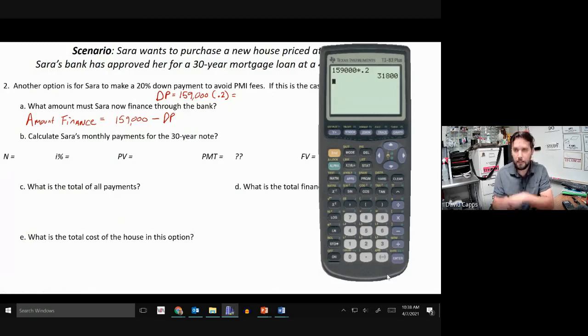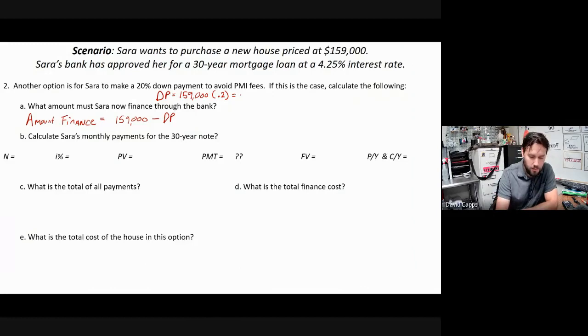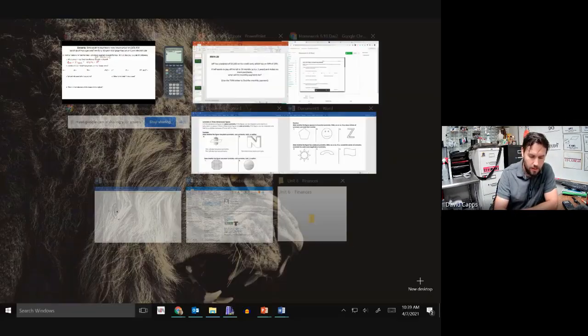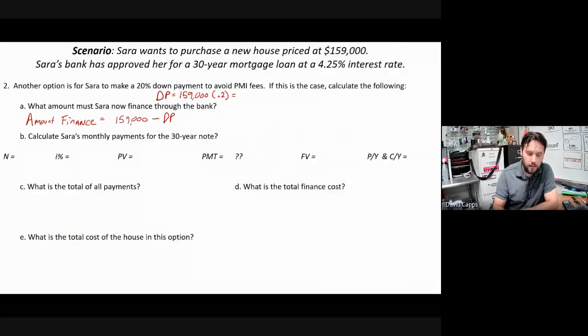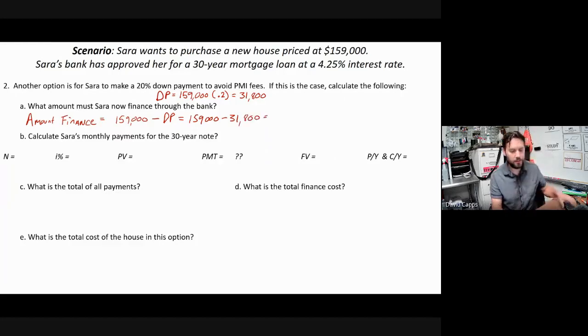So there's her down payment. It's 20% of the house value. That's how much her down payment is. And so the amount she's going to finance is that $159,000 minus what she's going to put down, which is $31,800.